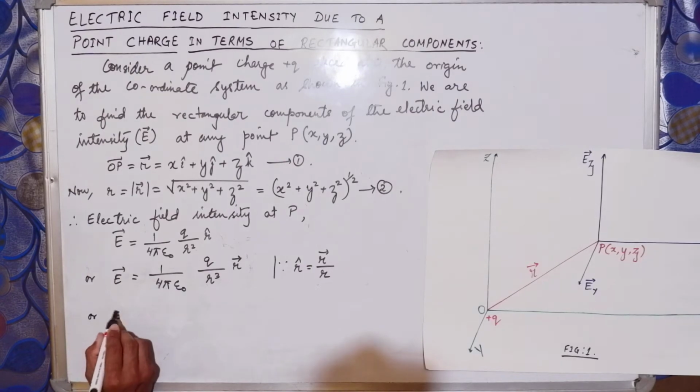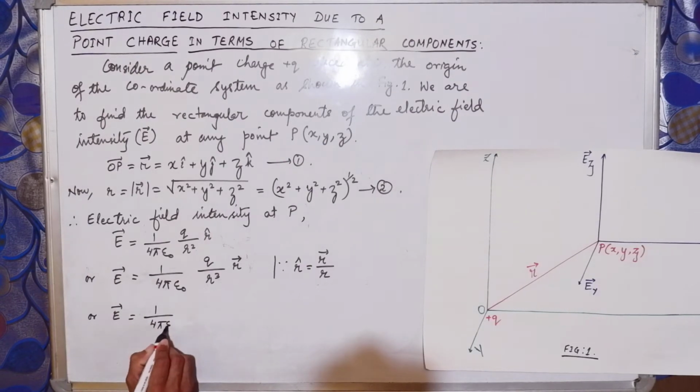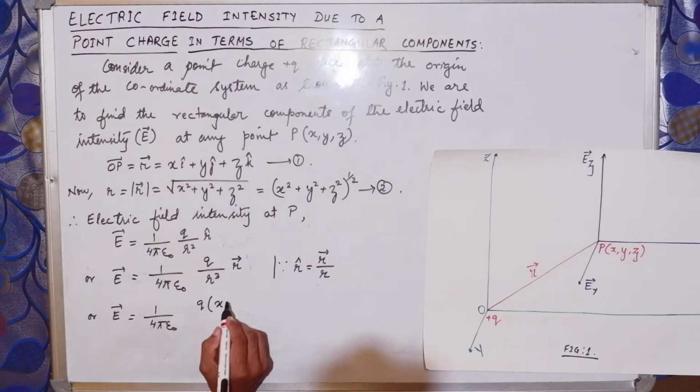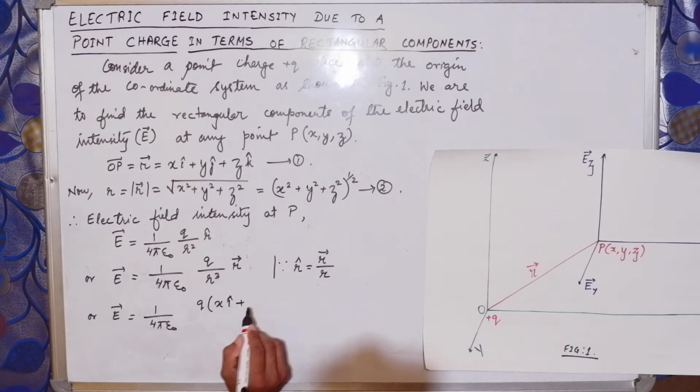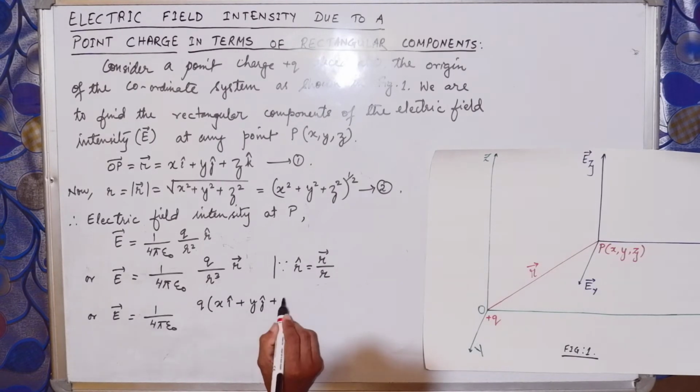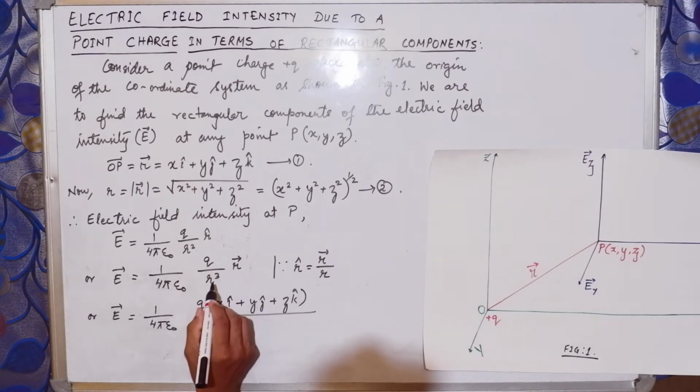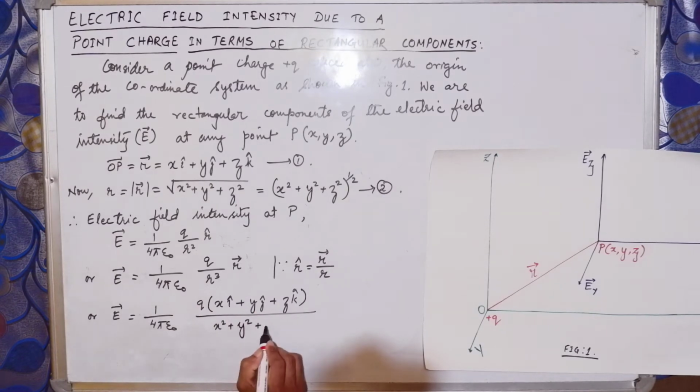Here E is equal to 1 by 4 pi epsilon naught Q times (x i cap plus y j cap plus z k cap), and in the denominator it will be x square plus y square plus z square, raised to the power 3 by 2. We name this as equation number 3.